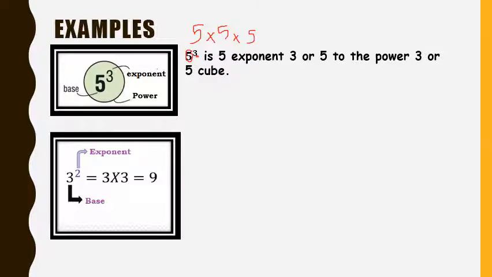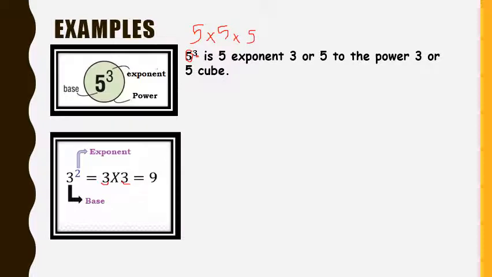Now, 3 squared, or 3 to the power 2, or 3 exponent 2, means that 3 is multiplied by itself 2 times. 3 squared is the same as 3 times 3, which is how much? 9. We don't say 3 times 2, no, it's wrong.